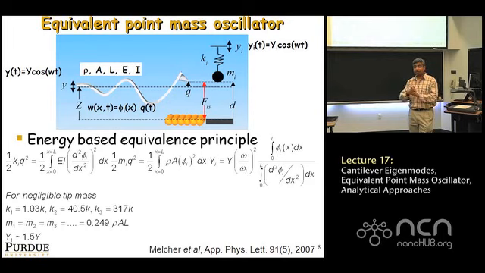You choose to drive it at a second mode, you have a completely different spring constant, completely different Q. At the third mode, completely different k, completely different Q. So really, when you have a particular beam, you don't have one point mass oscillator, you have many with different k and Q values. It's not one tool, you have multiple oscillators. You can choose which one you want to probe your sample with by choosing the frequency at which you're driving it. That's a big, important result to convey to you.